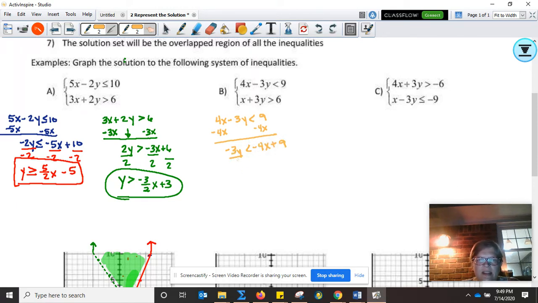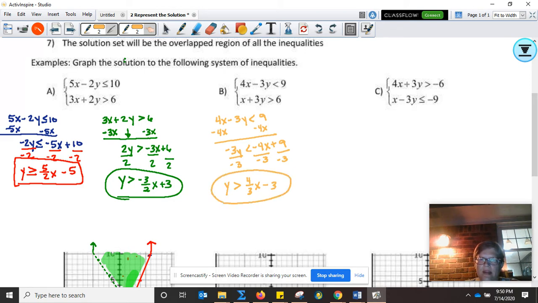Okay, divide every single term by negative 3. And what happens when we divide by a negative? We reverse our inequality. Y is greater than 4/3 x minus 3.